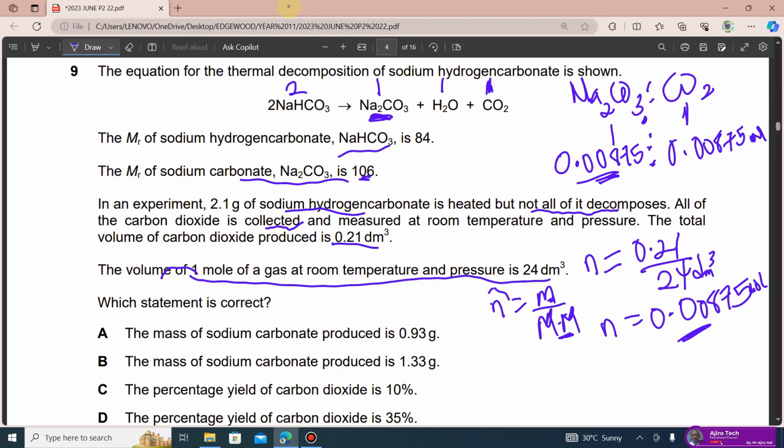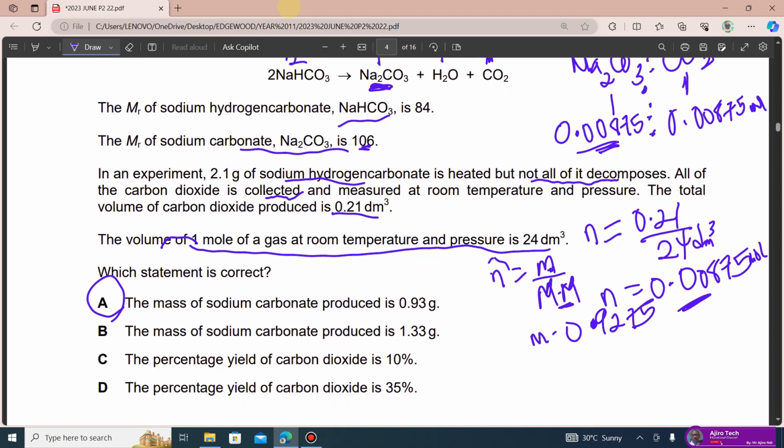Let's use the calculator: 0.00875 times 106, and we obtain 0.9275 as the mass. If we approximate this, we get option A, 0.93 gram. Remember that the reason we are simply using carbon dioxide in this case is because not all of the sodium hydrogen carbonate decomposed, so we can't base our calculations on it entirely.